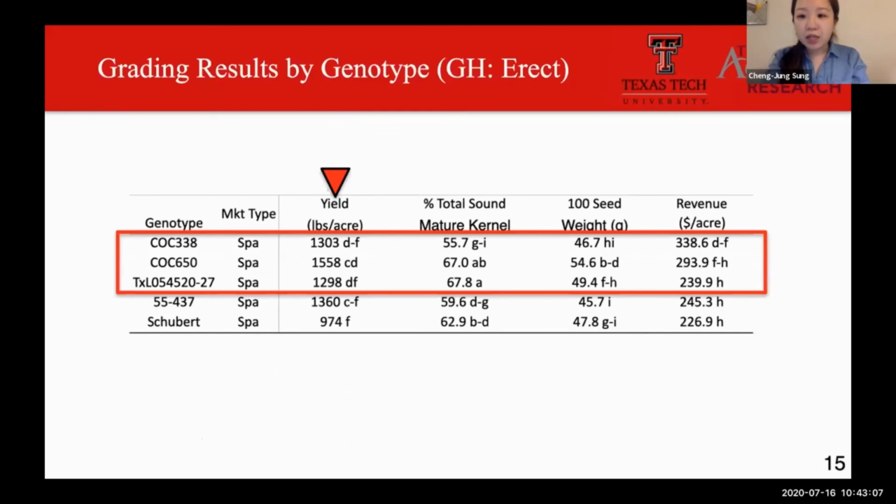If we look at the revenue, the top two mini-core accessions perform pretty well on revenue. The reason I circled the third genotype, that breeding line, is that if you look at the second column, the percent TSMK, it performs the best among all genotypes, including compared to the spreading type.